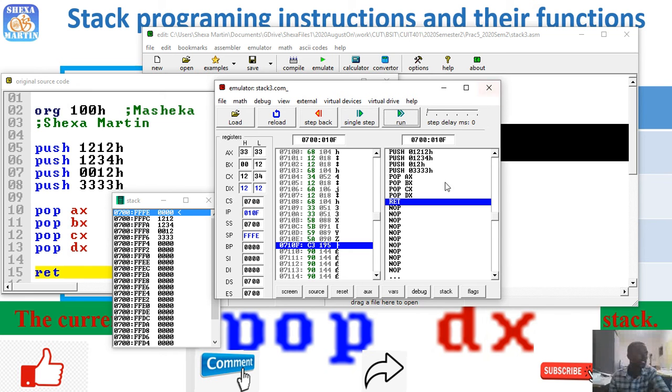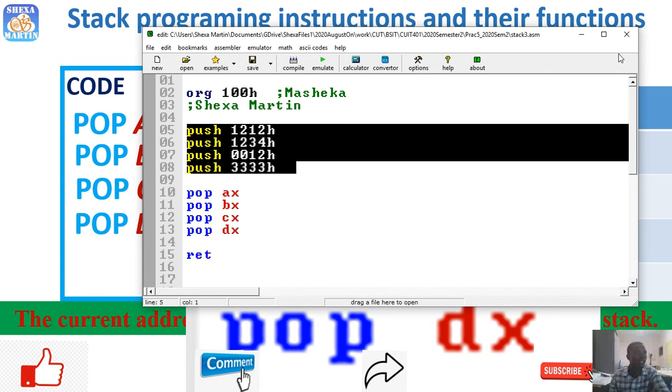In the instruction that is to be executed, you can also see it here instead of here, but both are identical. These are no operation instructions. So we are done with push and pop.